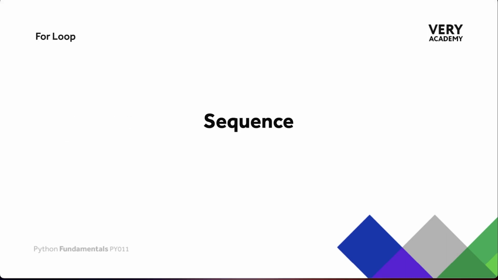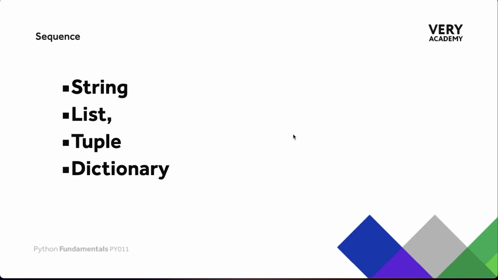If you remember back to the type section of this course, we discussed that there were many different data types, and those data types can be categorized. We generated a category called sequence. There are a number of different data types classed as a sequence, for example, a string, a list, a tuple, a dictionary. These are data types that we can iterate over.